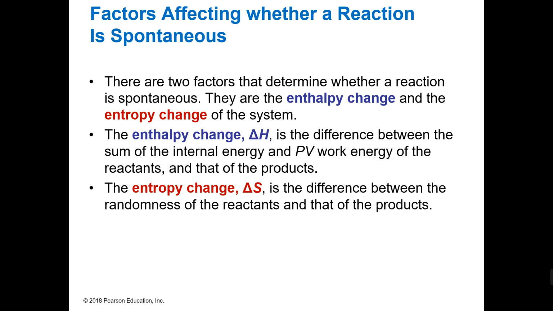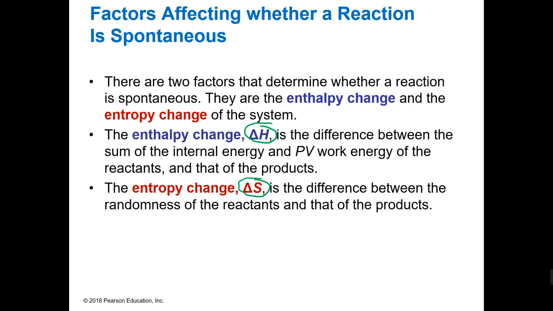In Gen Chem 1, we talked about enthalpy, which is our delta H. Now we're going to introduce entropy, which is delta S. Eventually we'll get to Gibbs free energy and combine all three of them and see their relationships. Enthalpy, if you remember, was based on internal energy and the PV work energy, Q and W and all that.